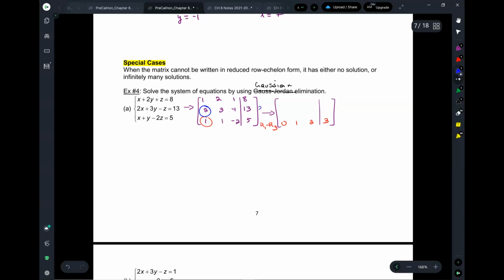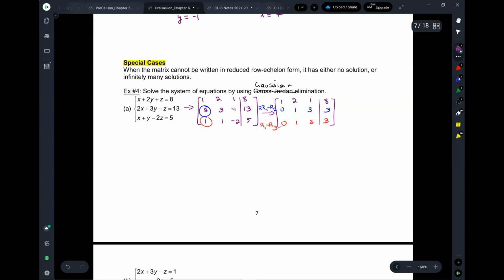Yeah. 2 row 1 minus row 2. 0. 4 minus 3, 1. 2 minus negative 1, 3. 16 minus 13, 3. And then the next one, we're just going to copy it over.